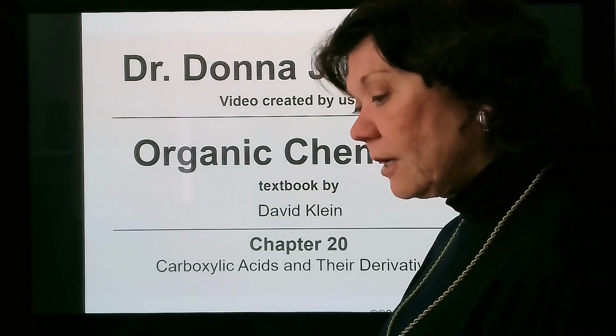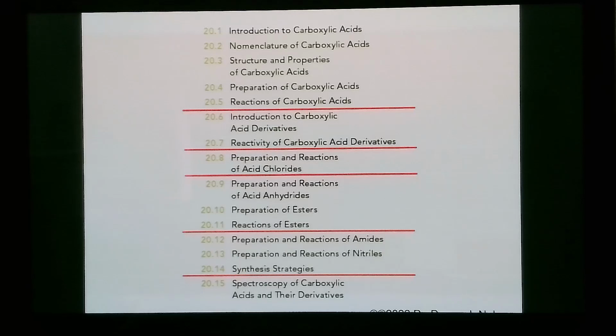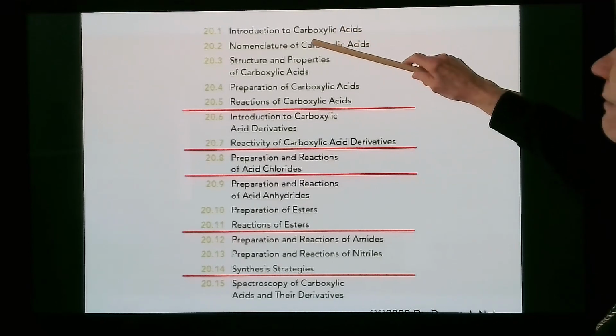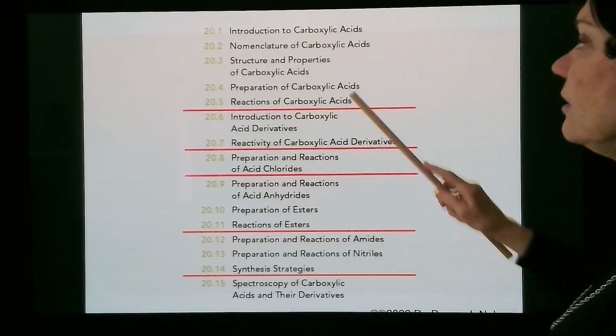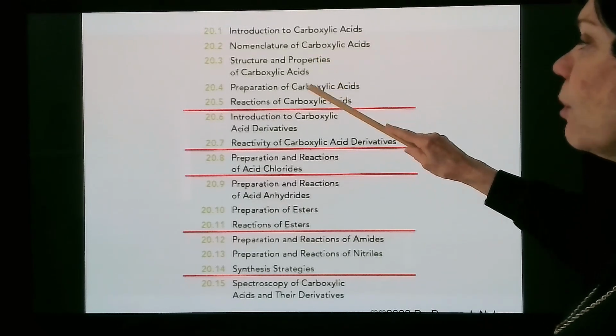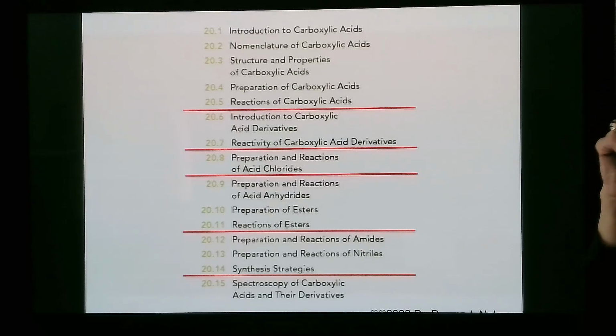So let's look at what we're going to cover in this chapter. In this chapter, we're going to film 5 lectures. So here's the first one. That's the one we're doing now: introduction to carboxylic acids, nomenclature, structure and properties, preparation, and some reactions of carboxylic acids.